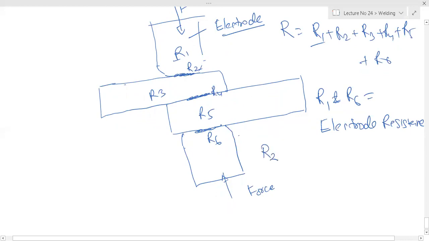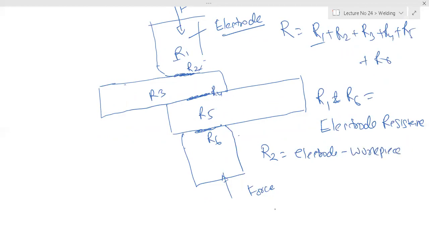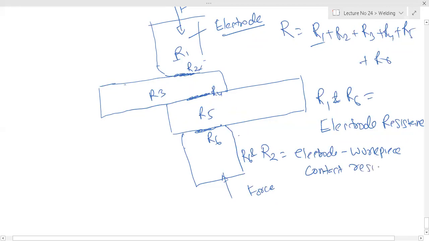R2 is the faying surface, or we can say electrode workpiece contact. R6 is also electrode workpiece contact, and R2 and R6 both are electrode workpiece contact resistance.